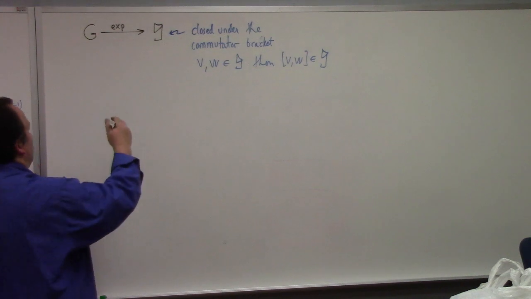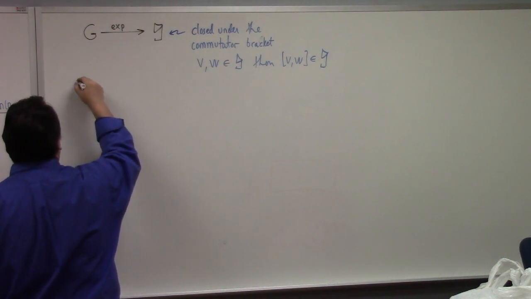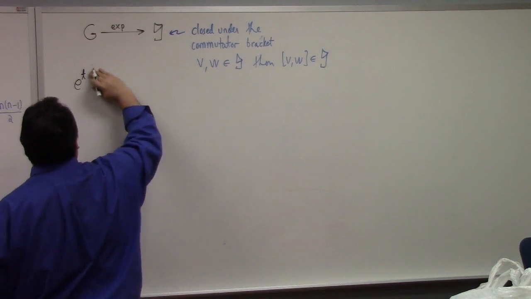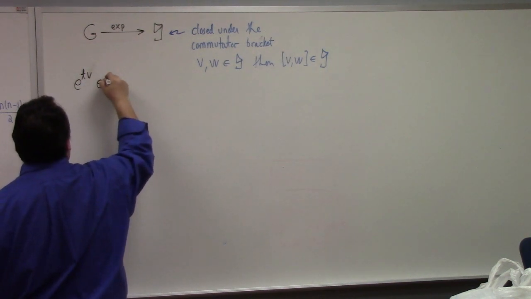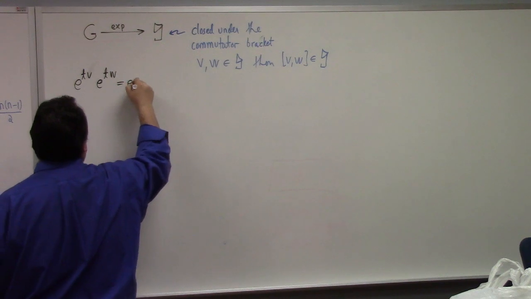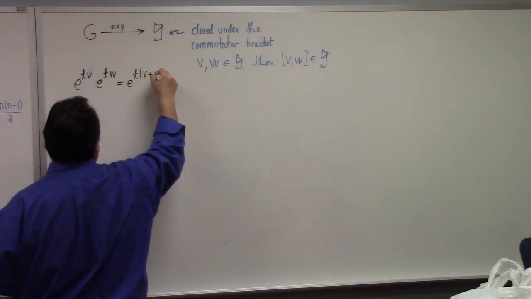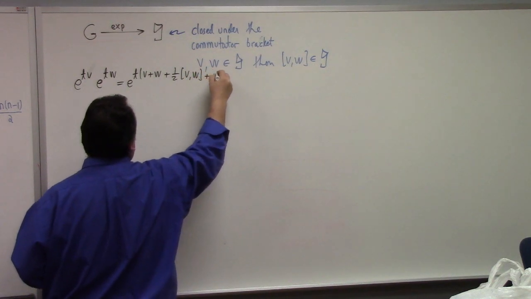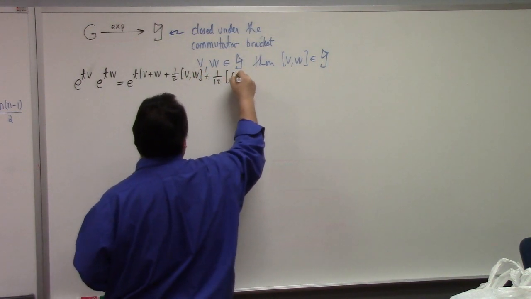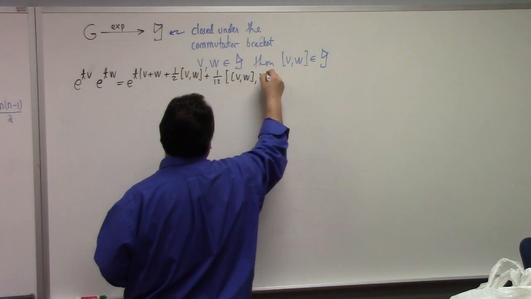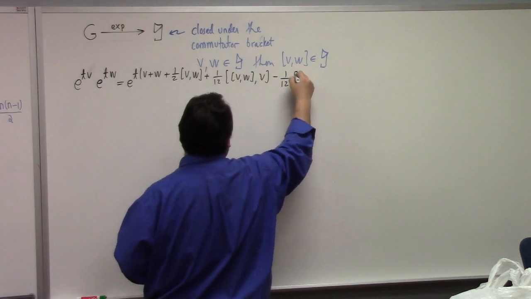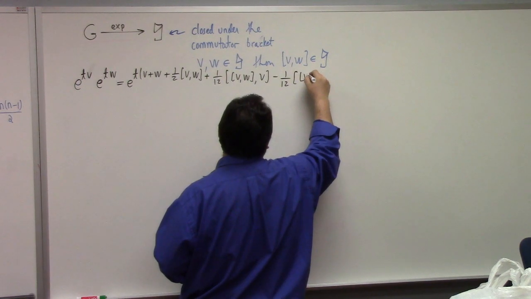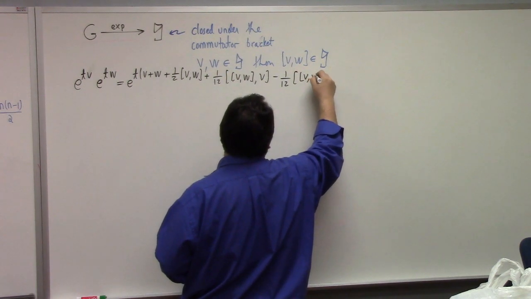From that direction, it's easier because if I've got e to the tv times e to the tw, well, that's e to the t times v plus w plus 1/2 the commutator of v and w plus 1/12 the commutator of v and w with v again minus 1/12 the commutator of v and w with w again.